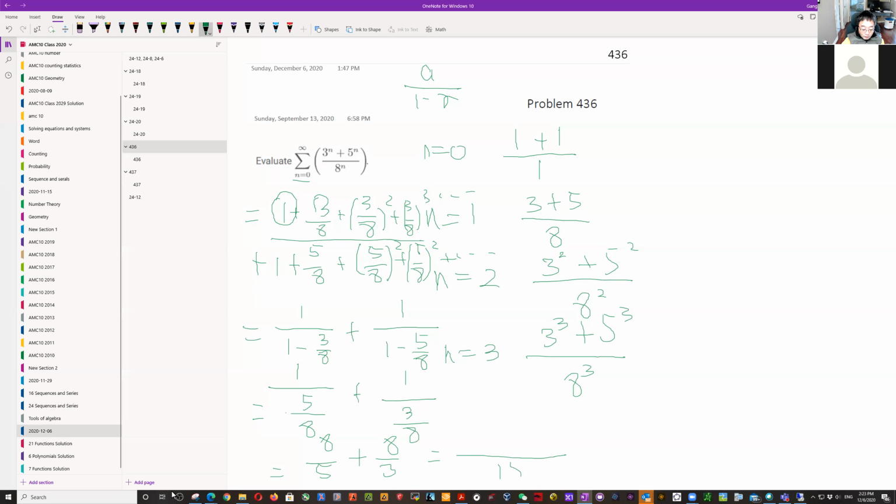So you can just do 3 multiply 8 and 5 multiply 8, which gives 24 and 40, and so it's going to be 64 divided by 15. That's good enough. But if you really want to know it, it's just 4 and 4/15. So basically that's the answer for this one.